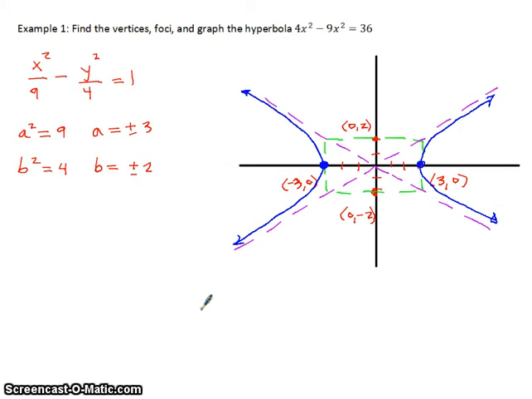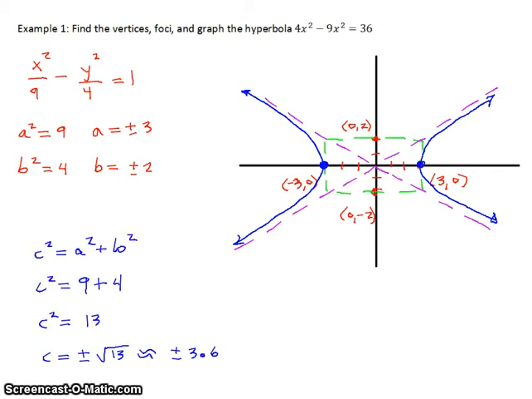We have the vertices labeled. We just need to find the foci. As you can see down below there, we have in blue how to find the focus points for hyperbolas. c squared is equal to a squared plus b squared.